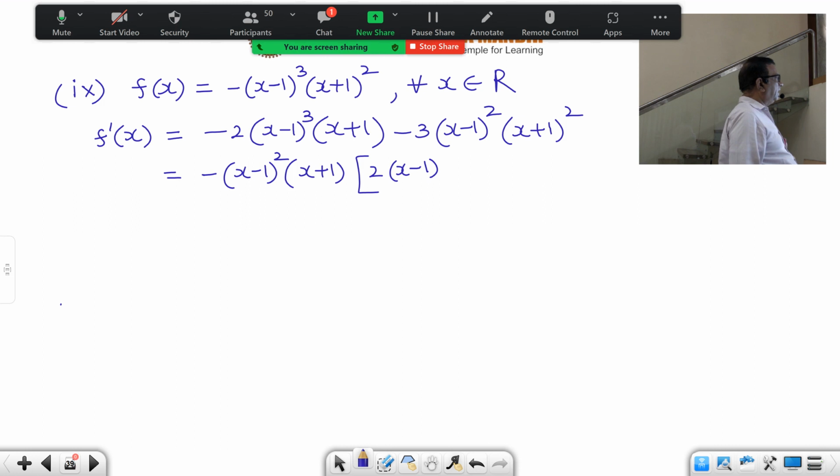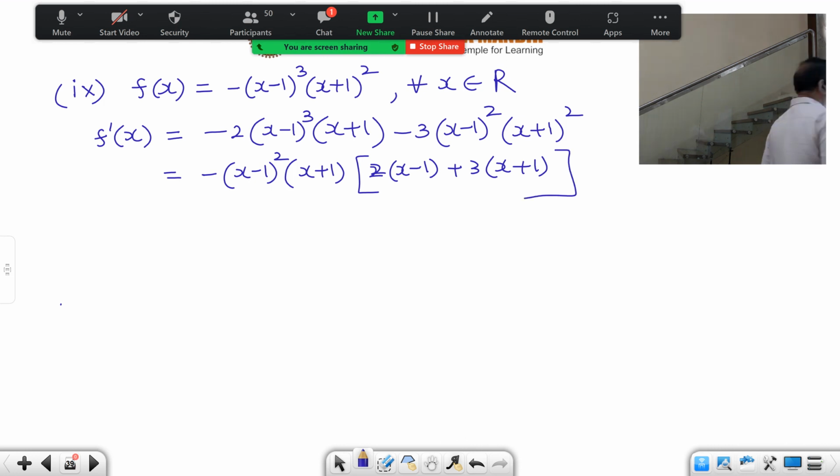Next, in the second term, minus I have taken common, so plus 3 into (x plus 1).